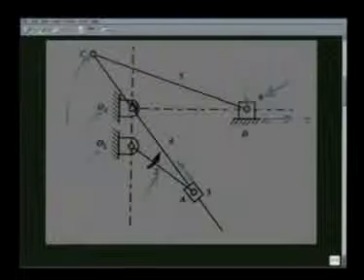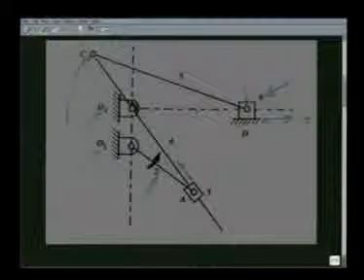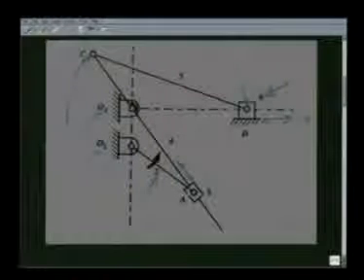And the stroke length of the tool is obviously equal to twice O4C, because the maximum distance is O4C plus CD and the minimum distance is CD minus O4C. So the total movement of the tool is given by twice O4C. That is, the stroke length is changed by changing the length O4C. No change is made in the length O2A. Whereas, as we shall see, the quick return ratio will be entirely decided by the link length O2A, the position of O2 and the position of this horizontal line.